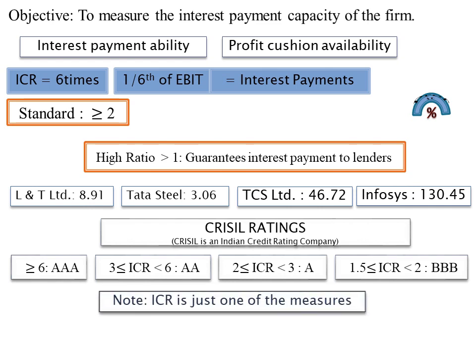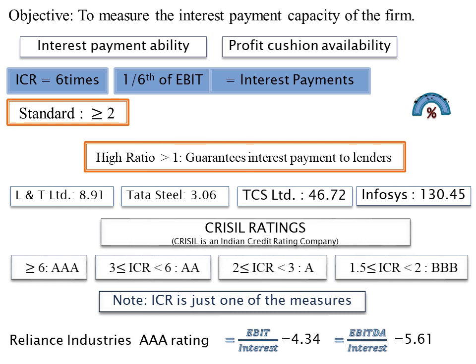For example, Reliance Industries Limited has a AAA rating with an interest cover of 4.34 times with EBIT and 5.61 times with EBITDA, because other measures indicate that the company is financially very strong.